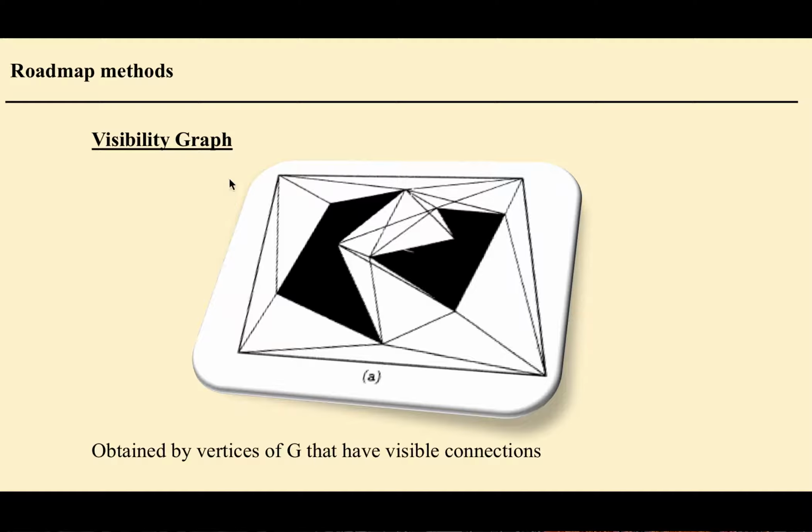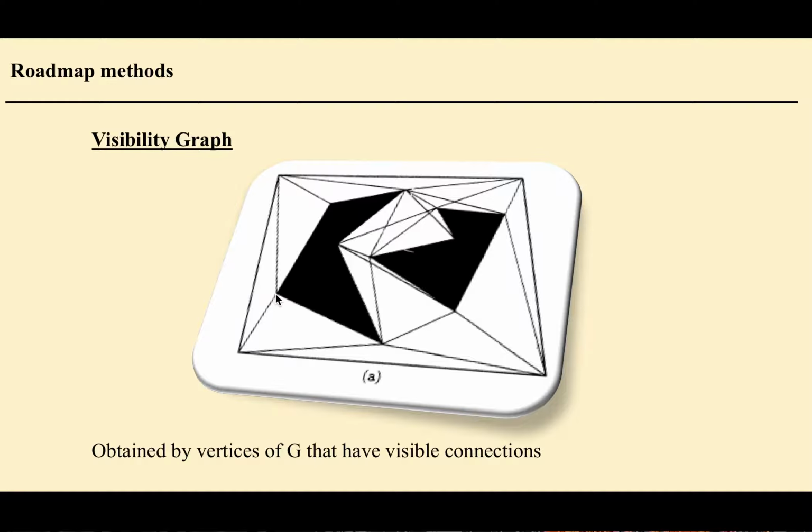So what we're looking at here is a visibility graph. The dark geometrical shapes in the middle are obstacles, and we can see that we drew edges between nodes that have visible connections.